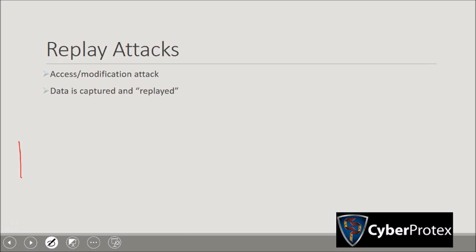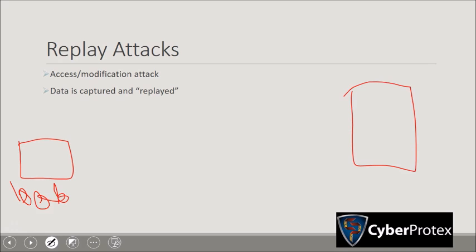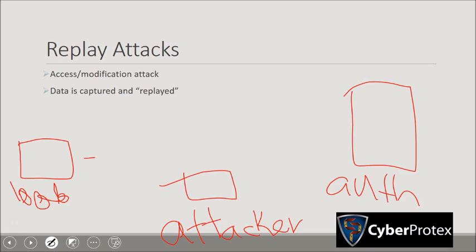So you got user Bob over here, right? And Bob has a username and a password that he wants to send out into our authentication system. We'll call him auth. And we got our attacker down here waiting to grab it. So what's going to happen is Bob is going to send his stuff off to the authentication system.